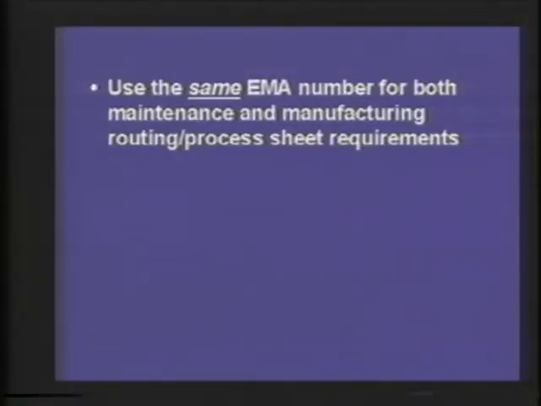The equipment number is found on the maintenance work order, and the equipment number in operations is generally found on the routing or the process sheet. And the routing and process sheet is generally an integral part of the manufacturing or operations work order.